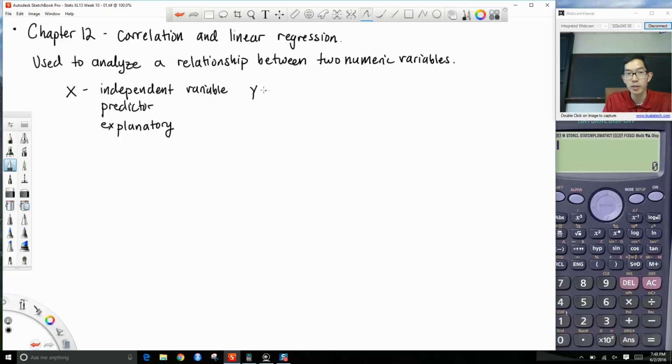Okay, and then y might be called the dependent variable, the predicted variable, or the response variable.